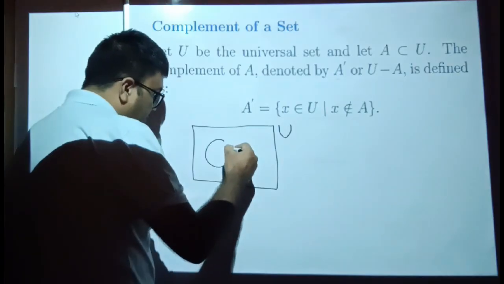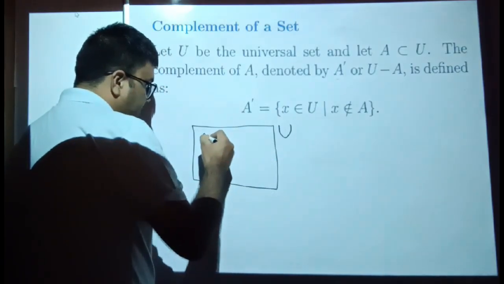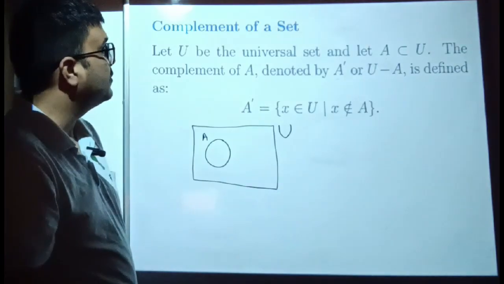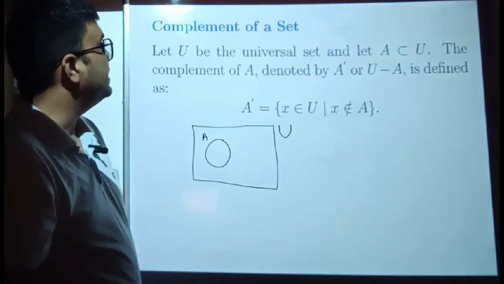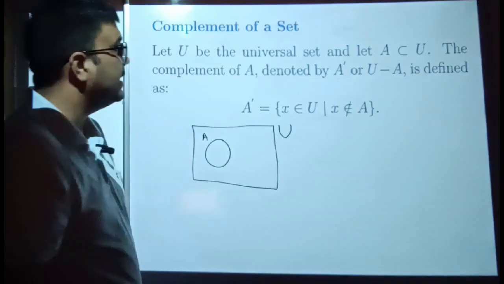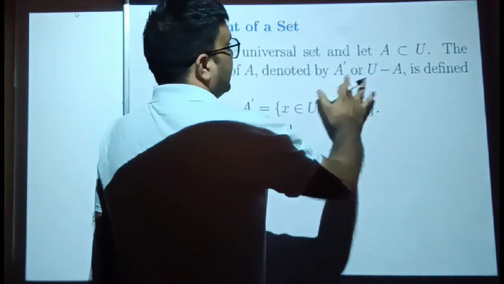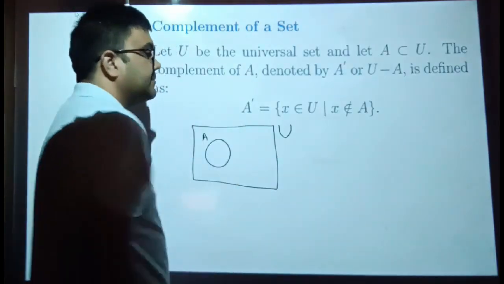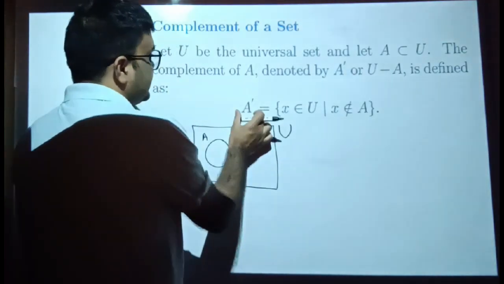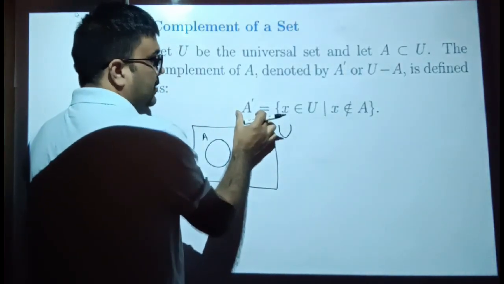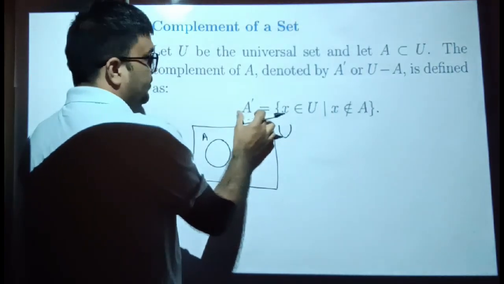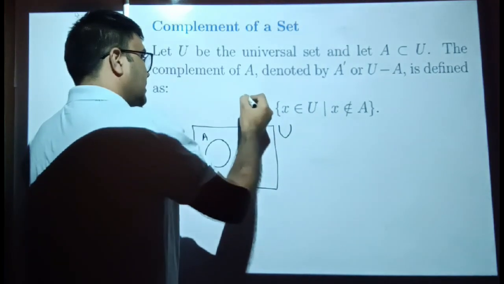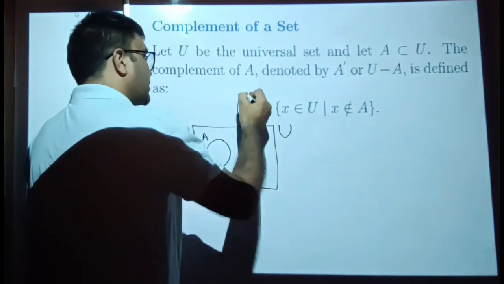The subset of U is represented with A. Then the complement of A, denoted by A dash, or written as U minus A, is defined as A dash equal to all x in U. What are the elements of the complement of A?